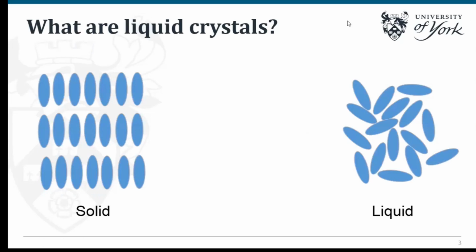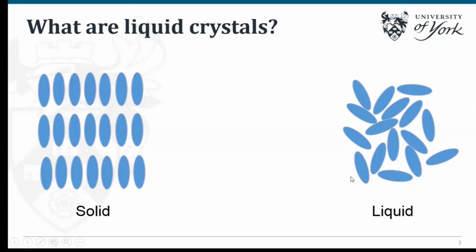So everyone, I'm sure, is familiar with the two fundamental states of matter: the crystalline solid state, where the molecules have absolute position and orientation order, and the isotropic liquid, where molecules have no order at all.